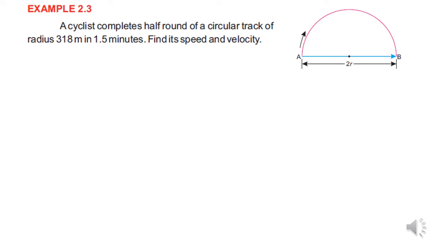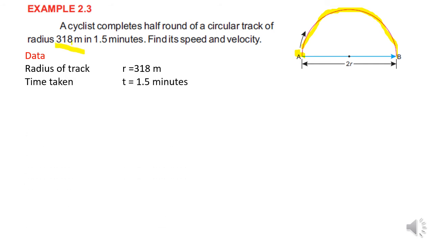Let the cyclist start from point A and move through the circular track, which is shown by the pink line, and reach point B. The given data is the radius of the track, which is 318 meter, and the time, which is 1.5 minutes. By changing it to seconds, it will become 90 seconds.